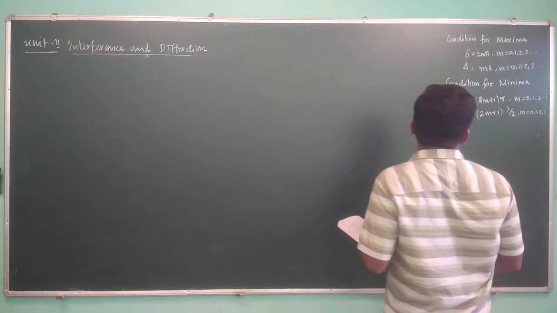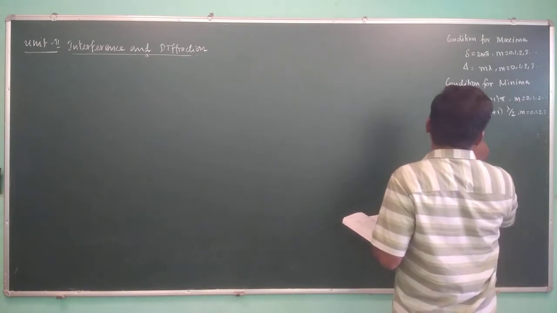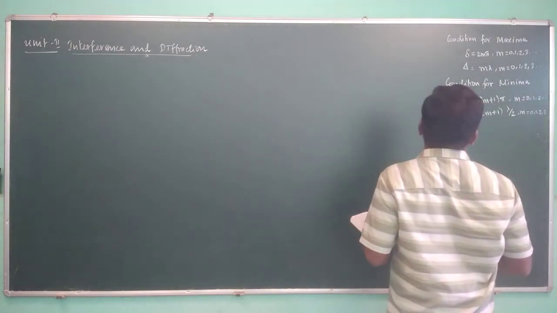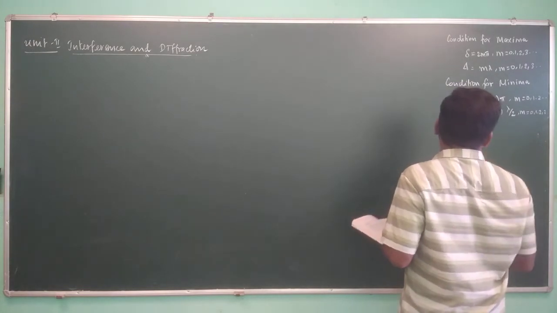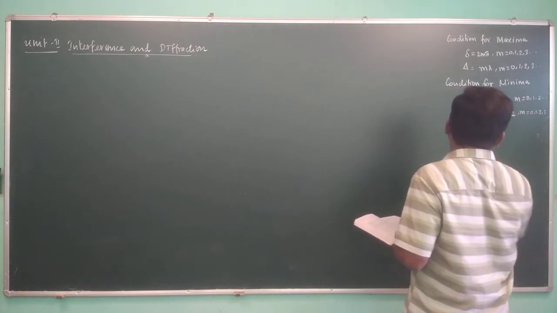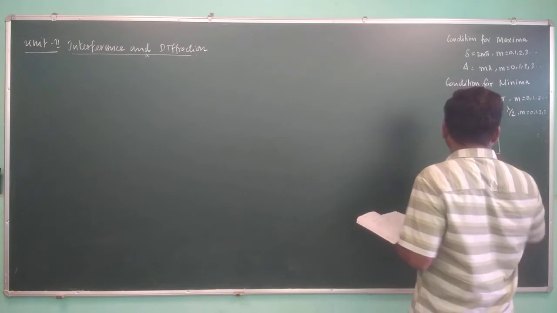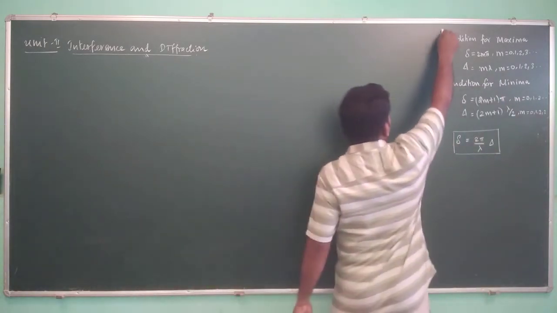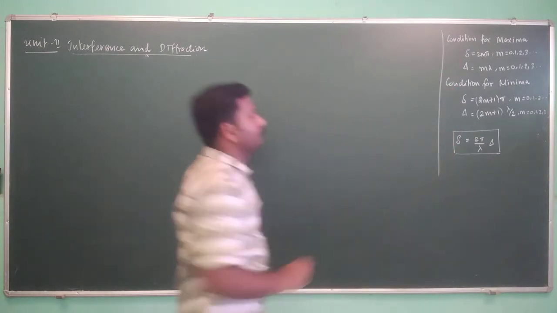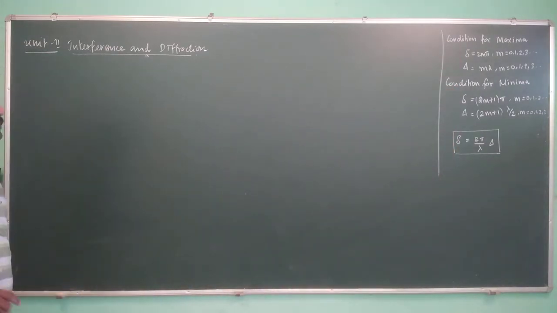And the connection between path difference and phase difference is 2 pi by lambda into path difference. Let's keep this for our future reference.